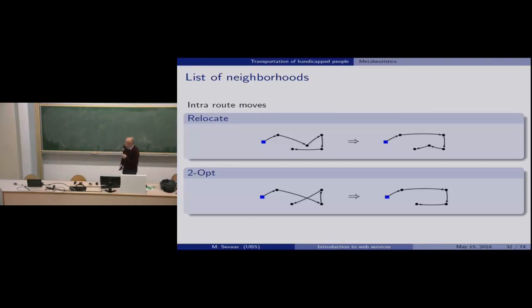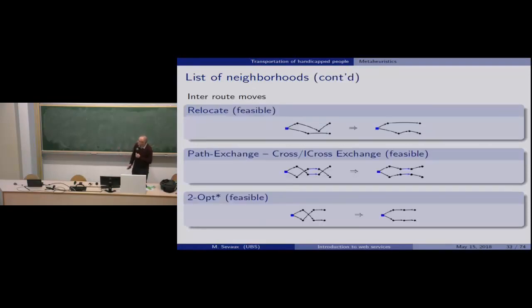So just to show you what kind of moves we have here, I did not give you the detail in the path move, but the relocate in the intra-route move can be done, the two-opt as well. Remember, this is Open VRP, and this is why we don't have the return to the depot. And then you have the relocate, the path exchange or cross exchange, and the two-opt star, making feasible solutions.